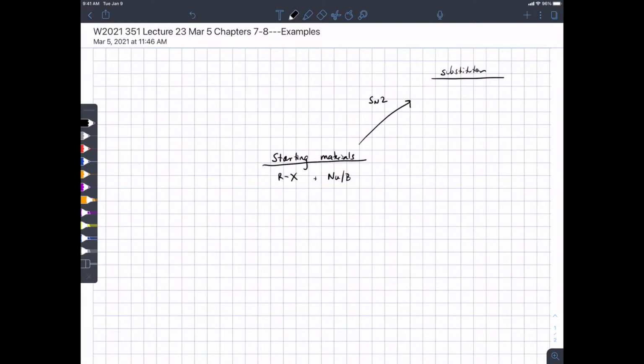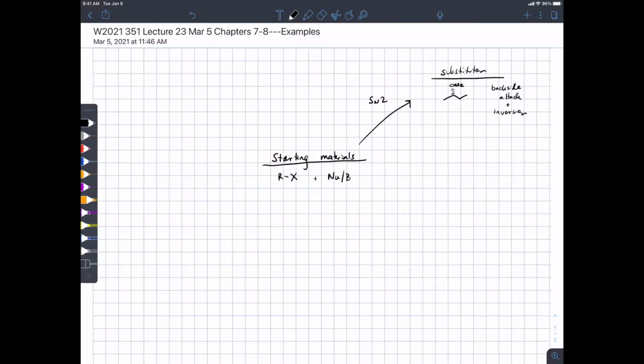An example of an SN2 product would be something like this, where you get one possible enantiomer. We know that it proceeds via backside attack with inversion of configuration.